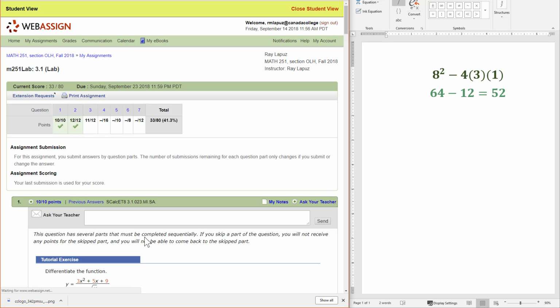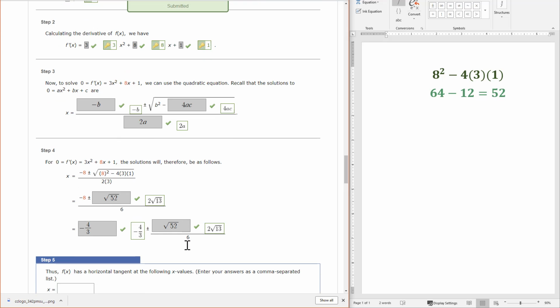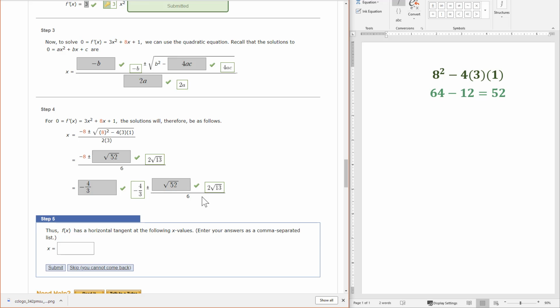They have the same denominator 6, so it doesn't look like they did any canceling, because you could still have canceled the 6 and the 2 here. So that works out fine. And thus we have a horizontal tangent at the following x values.